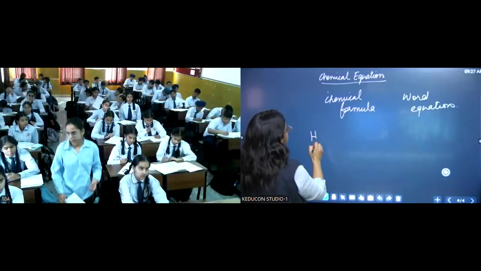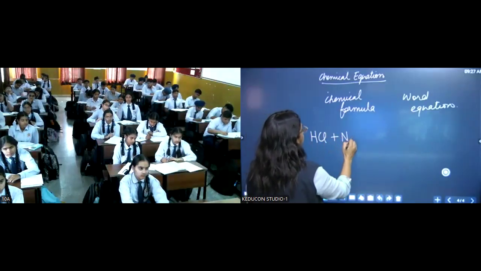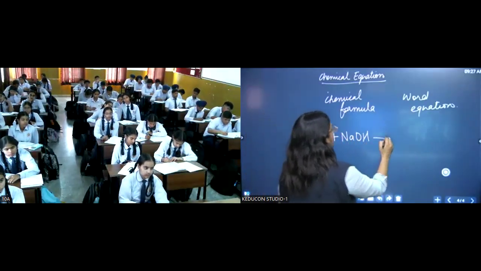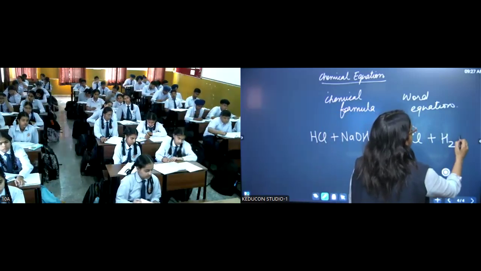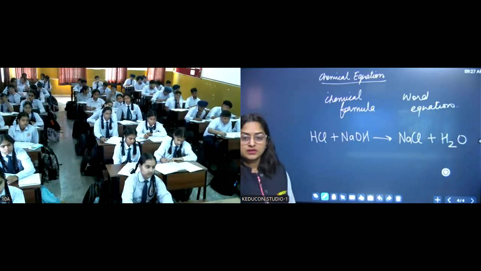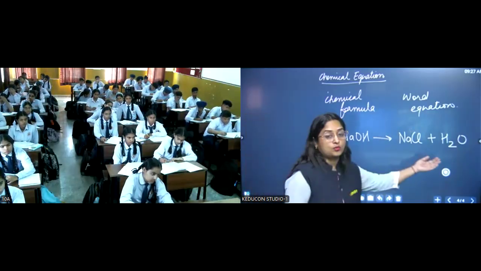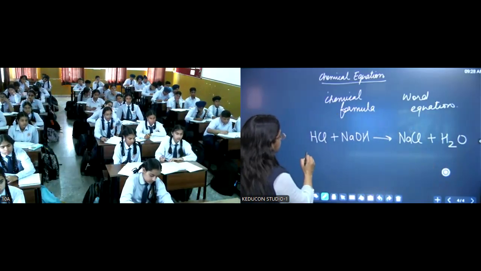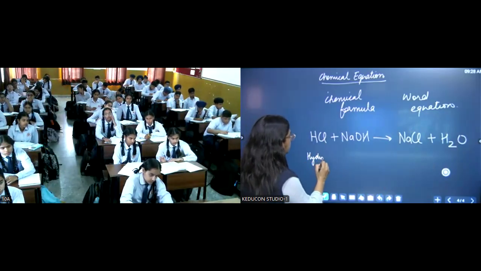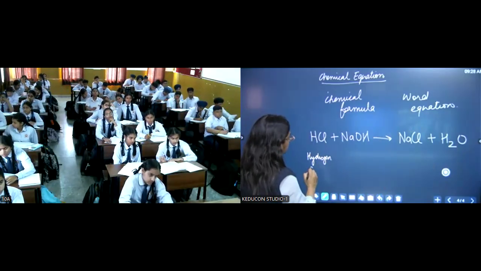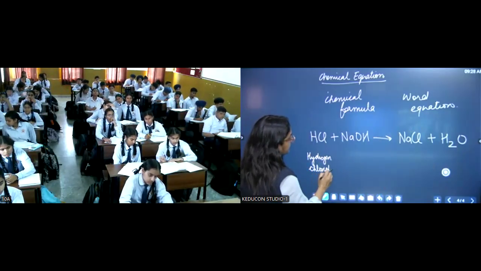Suppose I'm writing this: HCl plus NaOH gives you NaCl plus H2O. This is the chemical formula. HCl is called hydrogen chloride or hydrochloric acid.